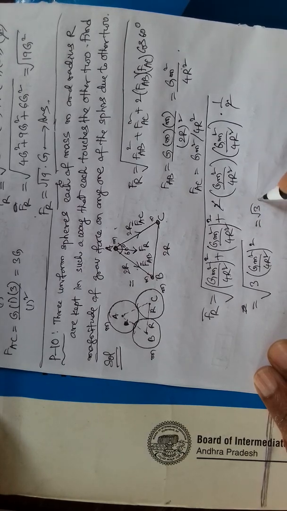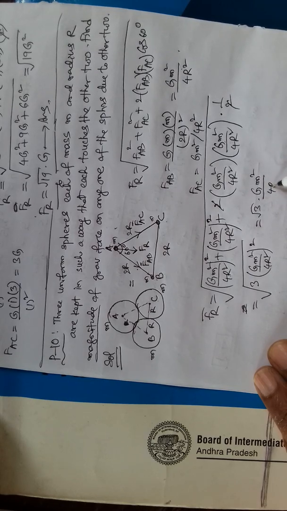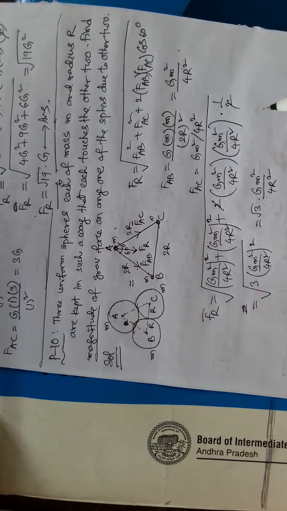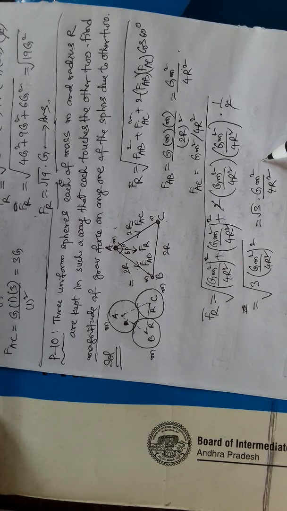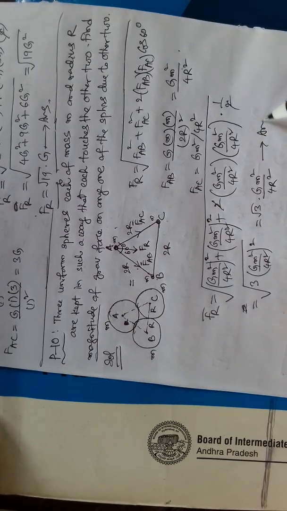That is root 3 G m square by 4r square. So this is the answer.